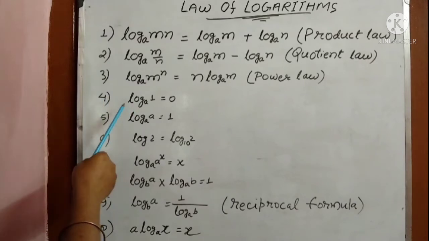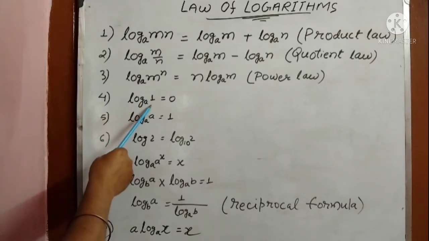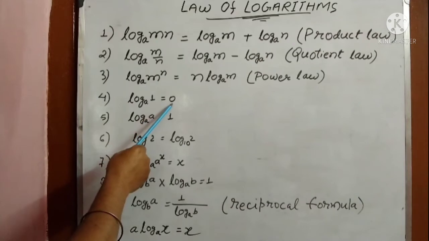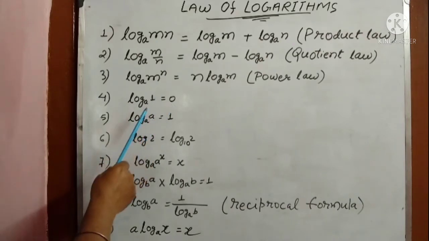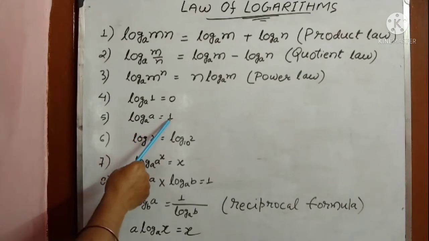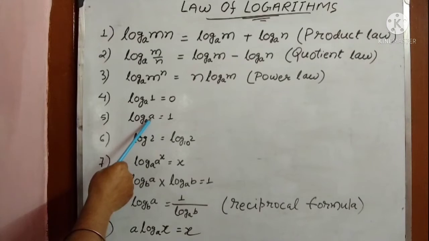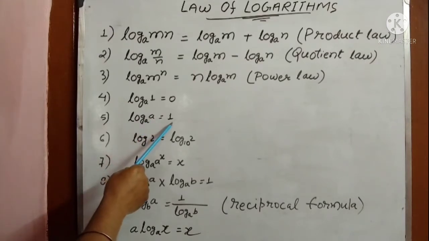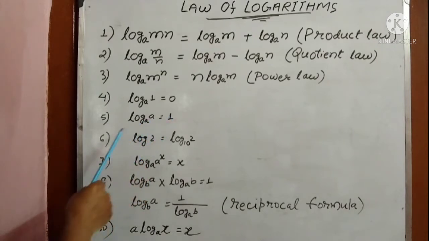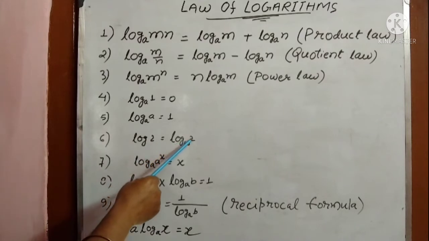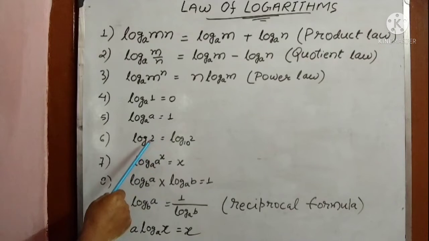Now you have to remember log 1 to the base a is equal to 0. Then log a to the base a is equal to 1. That means log of any number to the base of the same number will be equal to 1. Now log 2 is equal to log 2 with the base 10.